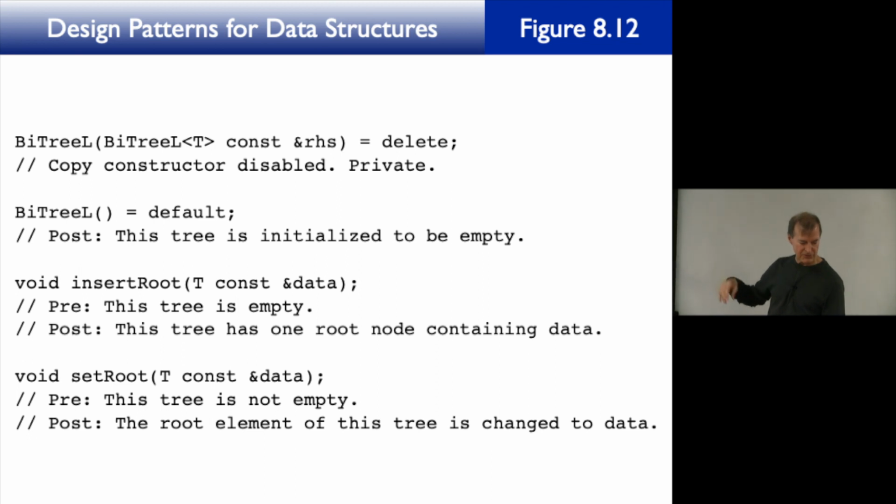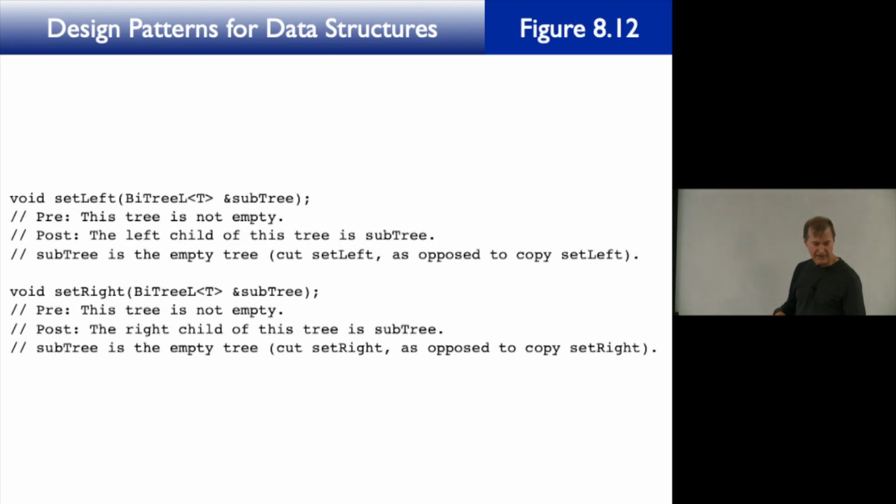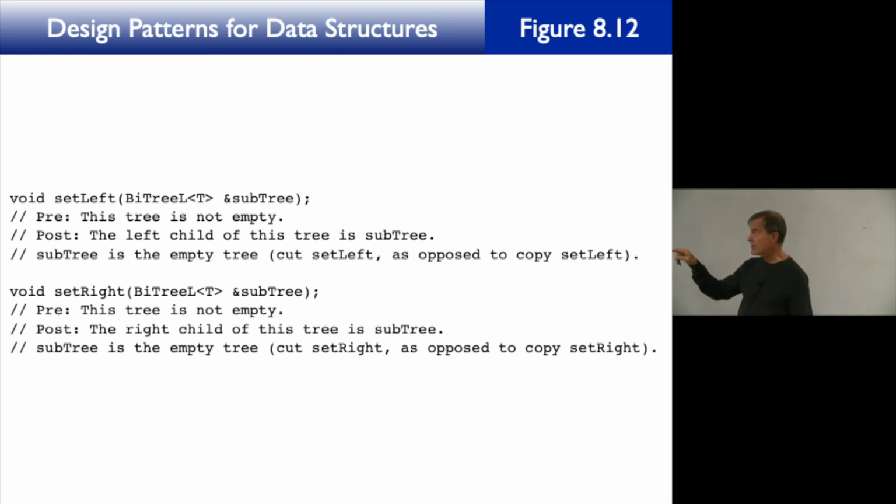The precondition is the tree is not empty. The postcondition is the root element of this tree is changed to data. And then I think we also did set left and set right, did we not? I'm pretty sure we demoed that. So for set left, the precondition is that this tree is not empty, because if we're going to set the left, we've got to have a left to set, right?